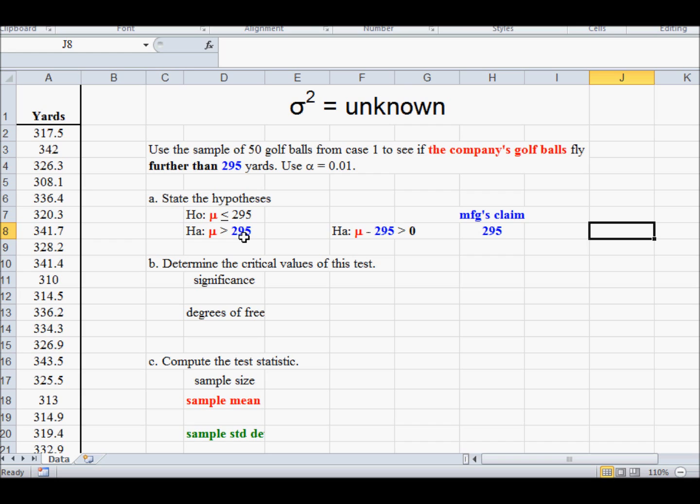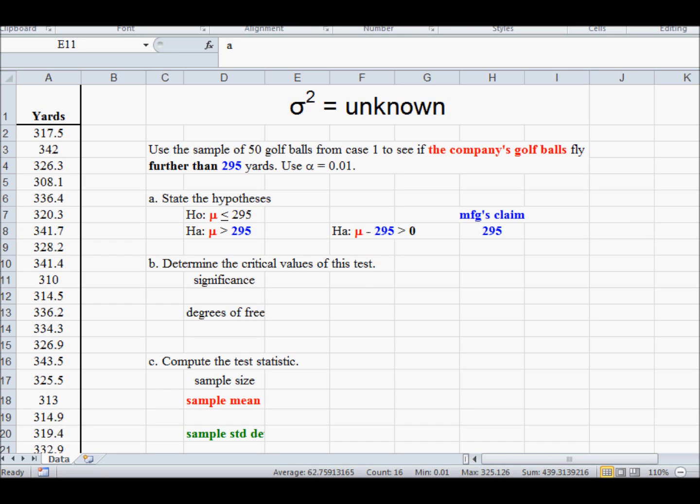For example, if the Greek gods of numbers say the true mean is 300, that is greater than 295. Over here we have 300 minus 295, which is 5, and that difference is greater than 0. So we can use either form. I like this form here because the point estimate of this difference is the numerator of the test statistic.